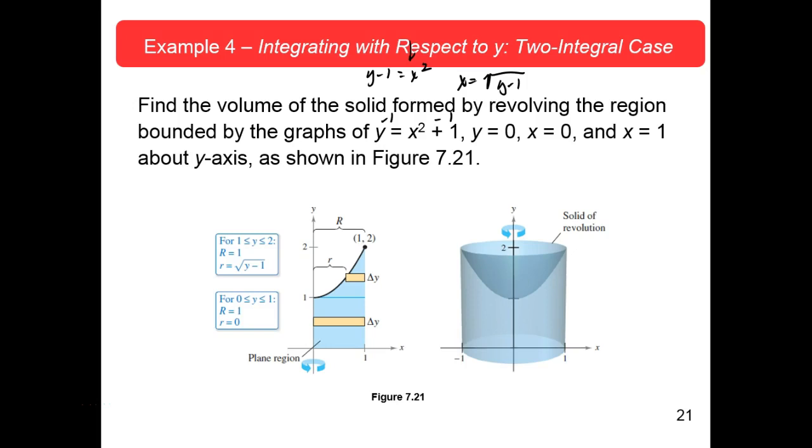So we just leave it positive square root of y minus 1. So that's where they got this. Your inner radius up here is going to be the square root of y minus 1. That's that curve right there. Okay? So, let's do the volume.